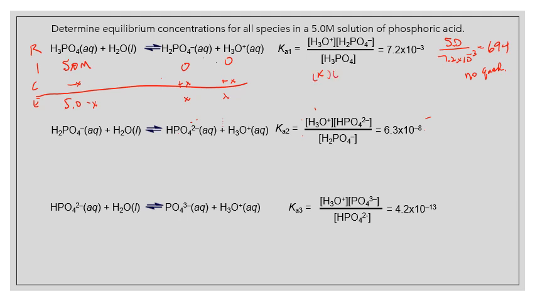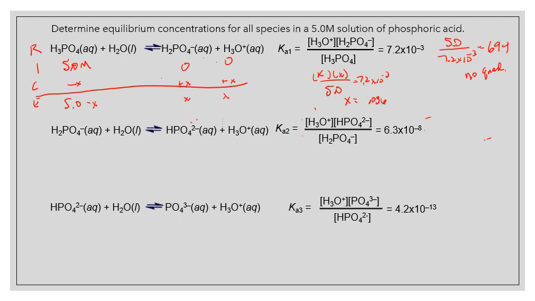So I'd have X times X divided by 5.0 equals 7.2 times 10 to the negative third. So when I solve for X, I end up with a value of 0.036.